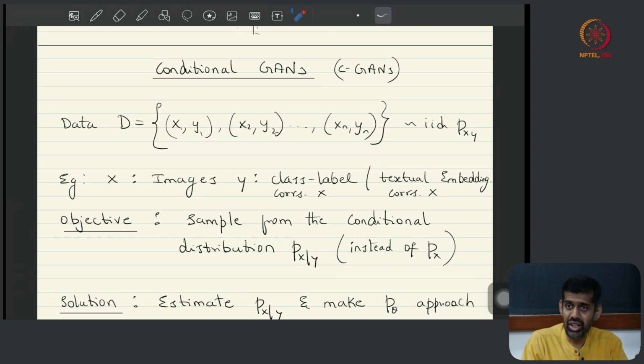All these image generators that you see in today's state-of-the-art models, where you give a particular text and it generates the image corresponding to that text, have been trained on pairs of images and texts. There are lots of data sets. One famous example is COCO, Common Objects in Context.